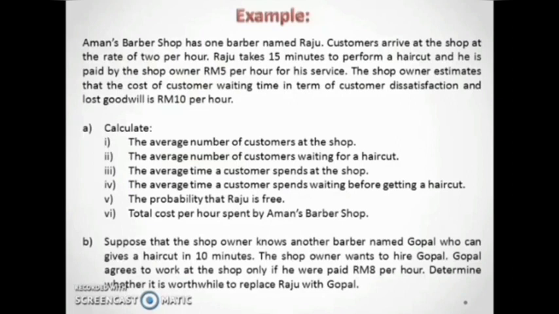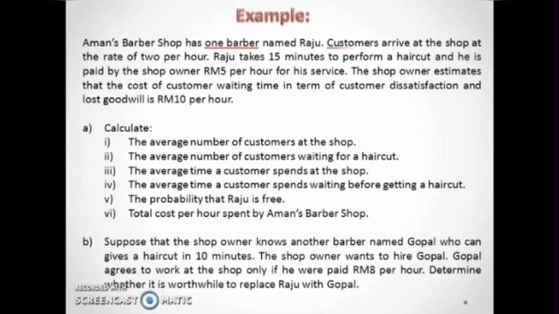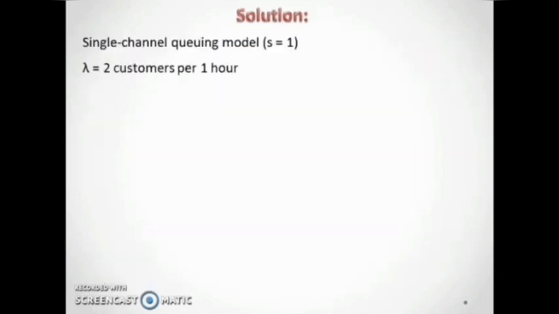A men's barber shop has one barber named Raju. Since the shop has only one barber, therefore it is a single channel queuing model, so S is equal to 1. Then it says that customers arrive at the shop at the rate of 2 per hour and Raju takes 15 minutes to perform a haircut. So if we put it into the equation, lambda equals 2 customers per hour since that is our arrival rate, and mu equals 1 haircut per 15 minutes since that is our service time per server.